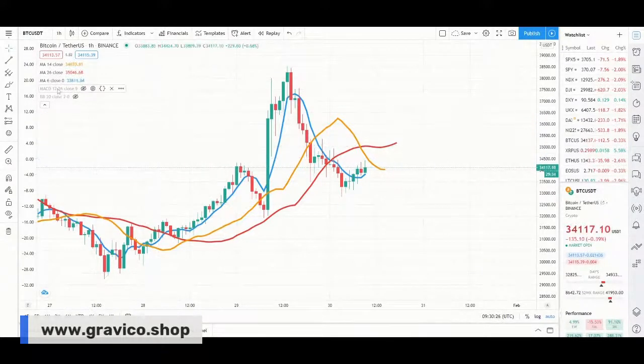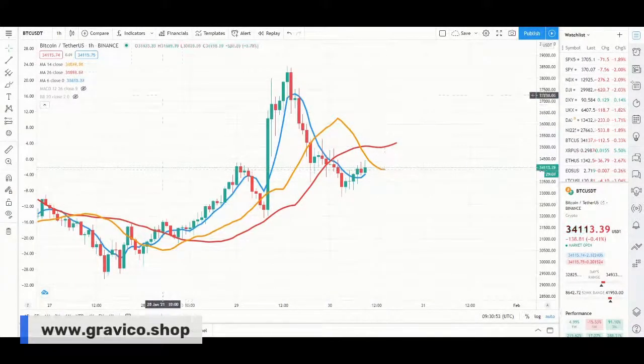So I started with a 6. Take note that I changed the color to blue. This short line here, I call the shorter line, the blue line. The next line is the yellow, my middle line. It's a little bit slower than the blue, and longer than the blue.